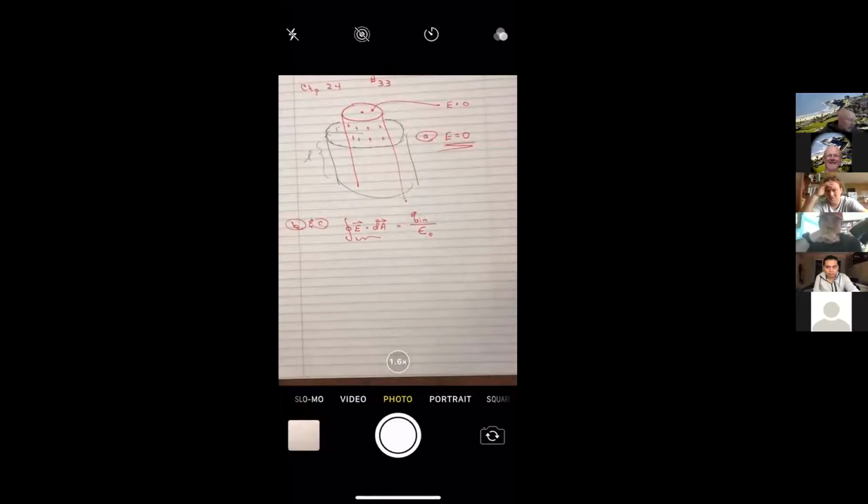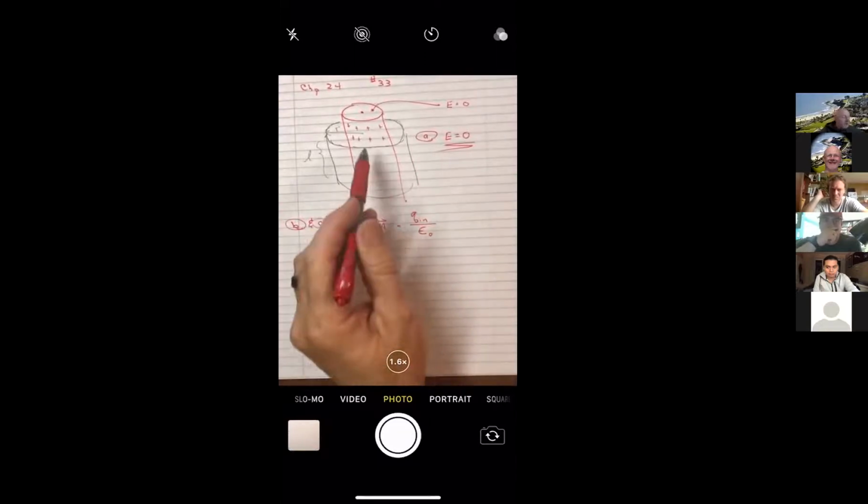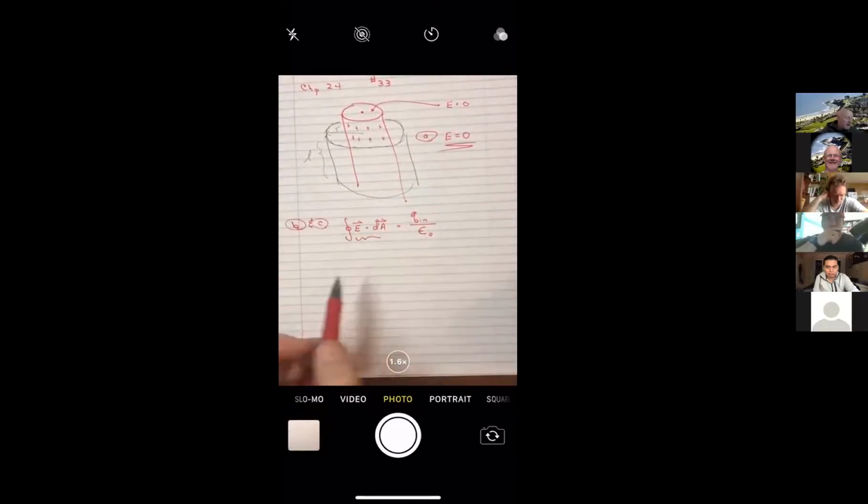Every problem in this chapter is centered around this equation, so you could argue that you would start every problem in the chapter with this. Of course, the geometry is different, so when you work out the details, things come out different.